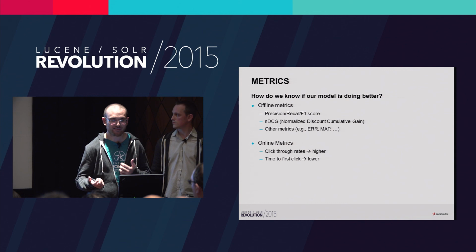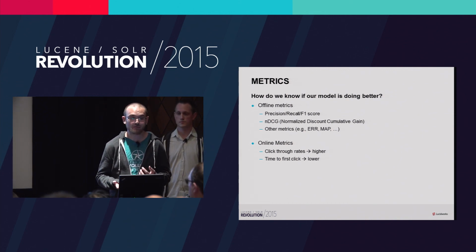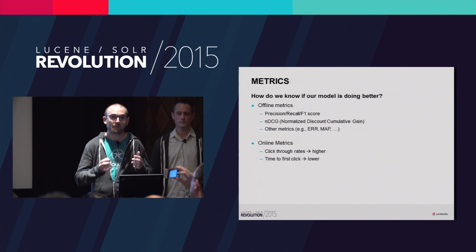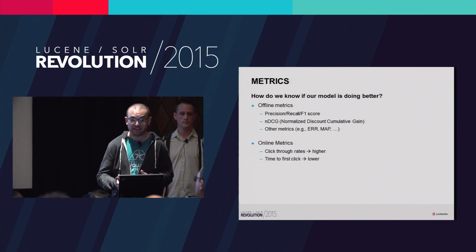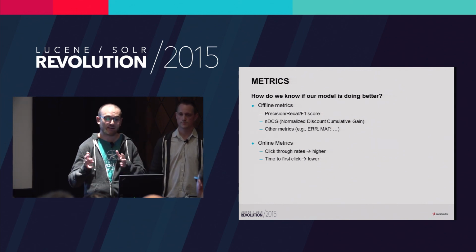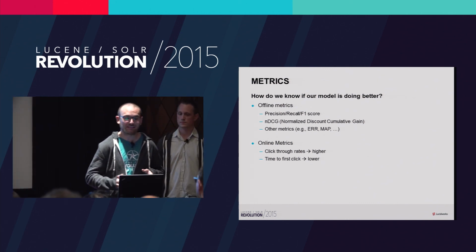Metrics help us understand when a ranking function is better than another, and there are two different types of metrics. There are offline metrics that can be computed at any time, just using the training set and a ranking function. We don't have time to go into detail on this.